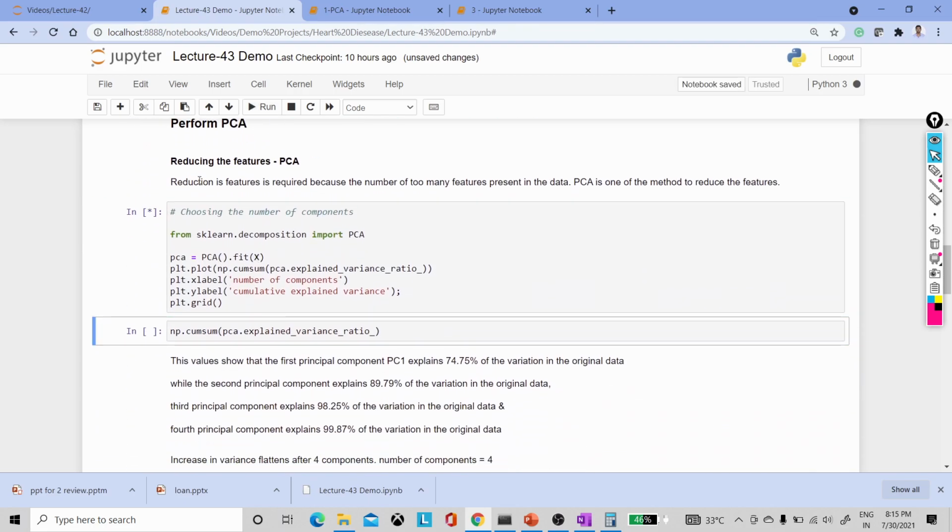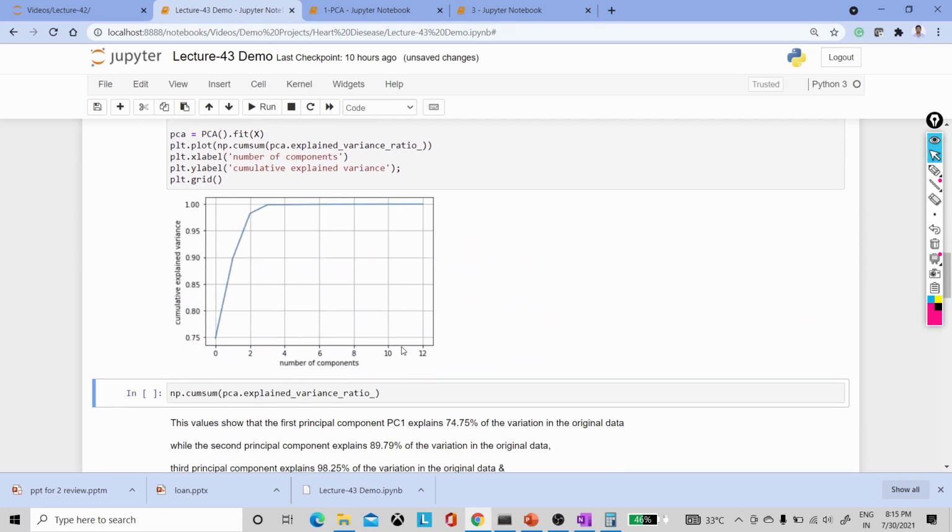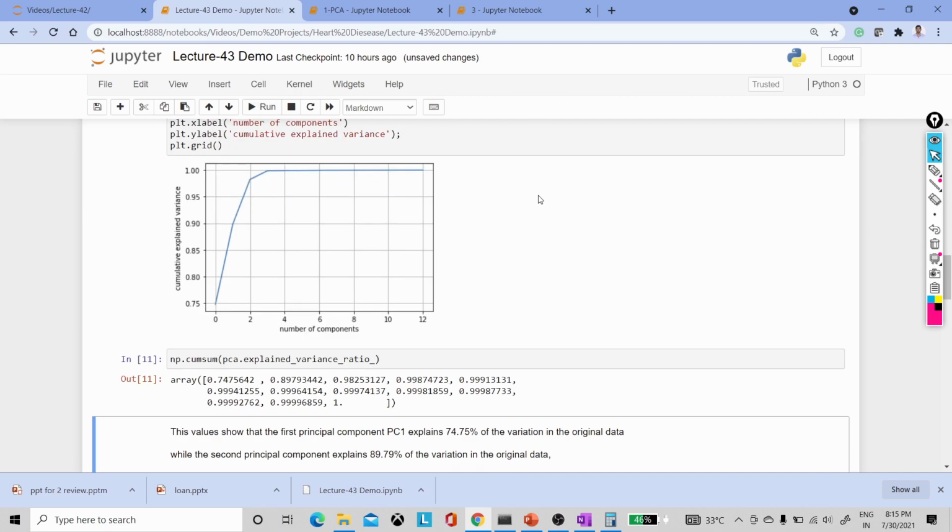So let me see the graph. In this graph I'm taking the number of components. My input data X contains 13 variables, from 0 to 12, so that's why I'm taking the number of components from 0 to 12.